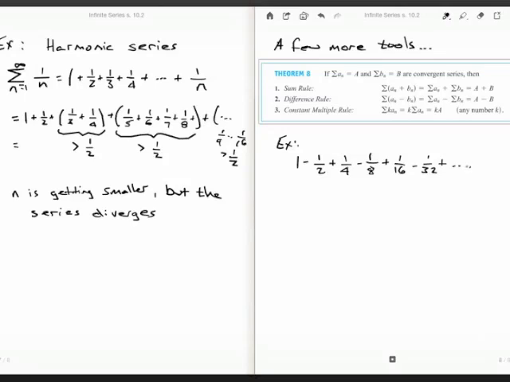We've got all sorts of minuses and pluses in there. Well, let's take a look at this. Is this geometric? Well, the terms go down like they're geometric, 1/4, 1/8. So the common ratio seems to be 1/2.